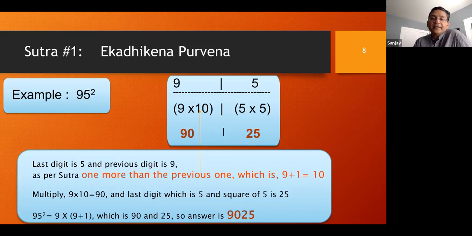So 9 times 10 is 90 on the left and 25 on the right. So 95 square is 9025. 15 square, 1 times 2, 225. 45 square, 4 times 5, 2025. So this is a very simple example of where you can use that particular sutra, Ekadikena Purvena, and get some answers, right? Okay, so that's your first.